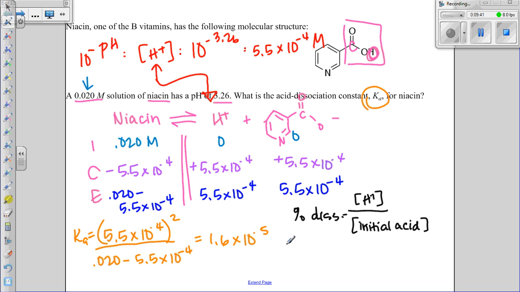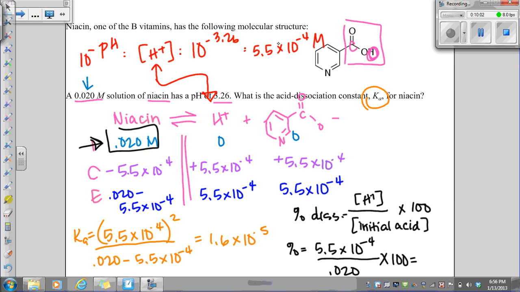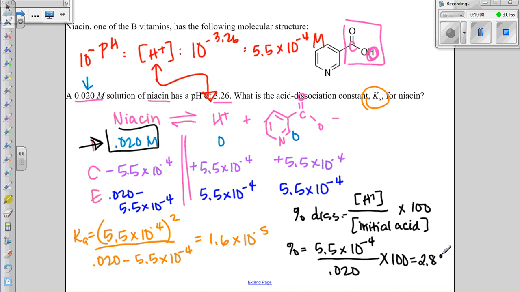So what we would do is take 5.5 times 10 to the negative fourth divided by 0.020, because this here is the initial concentration. Both of these are times 100. And if we do that, we get, 2 sig figs, 2.8% ionized.